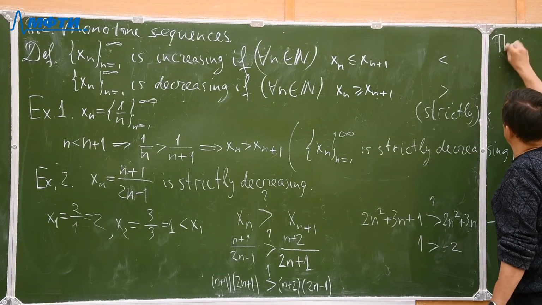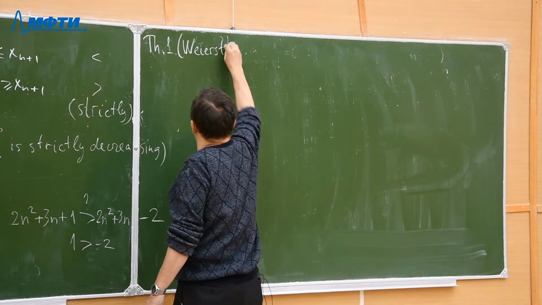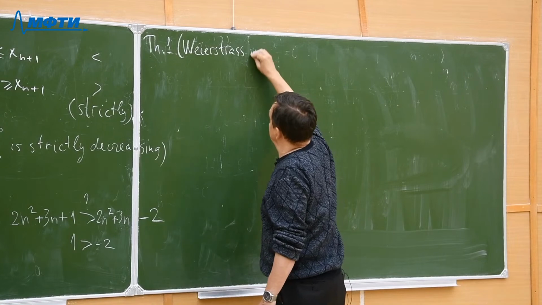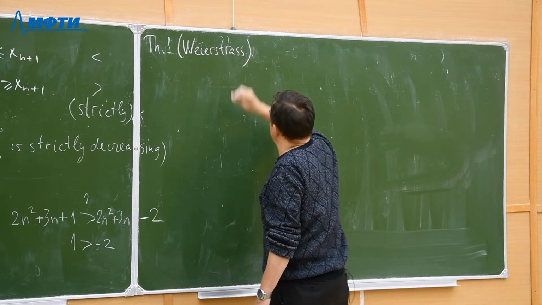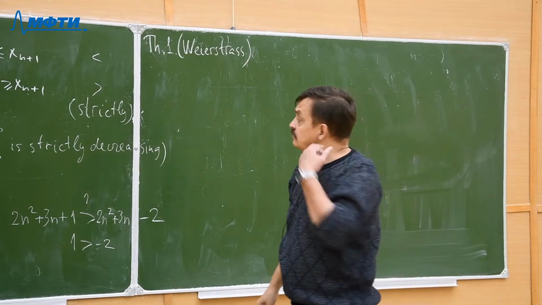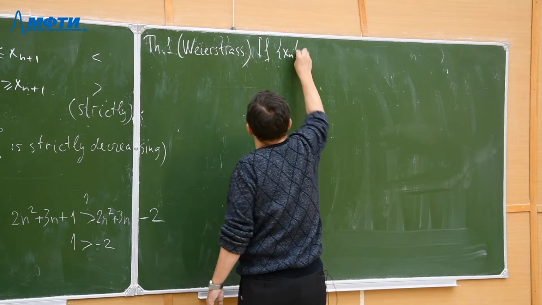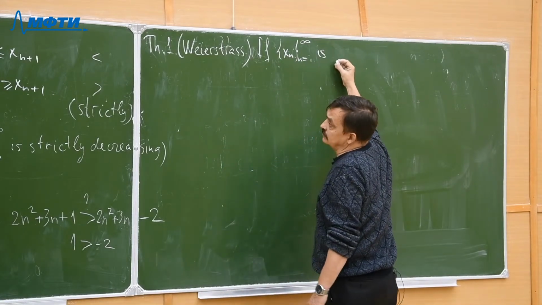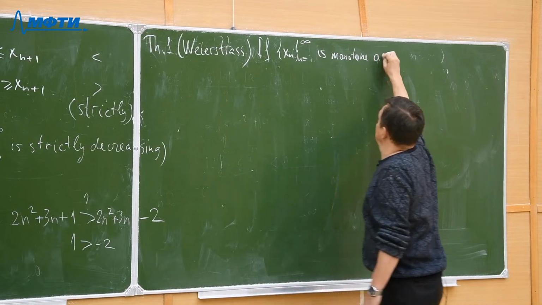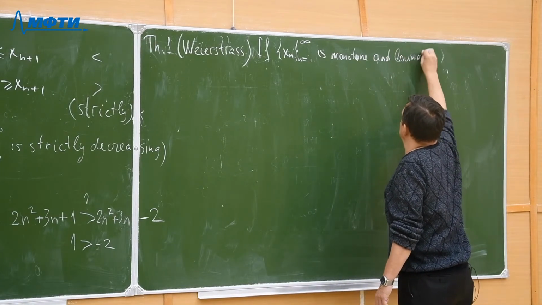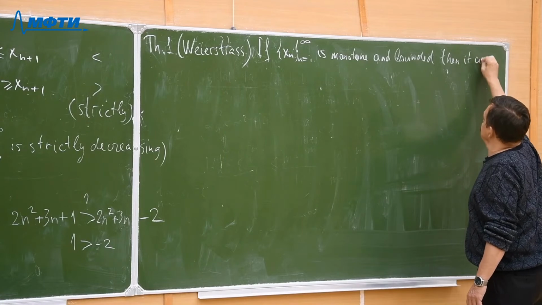That is Theorem 1, Weierstrass: if xn is monotone, oh, I forgot to say what monotone means, monotone and bounded, then it converges.